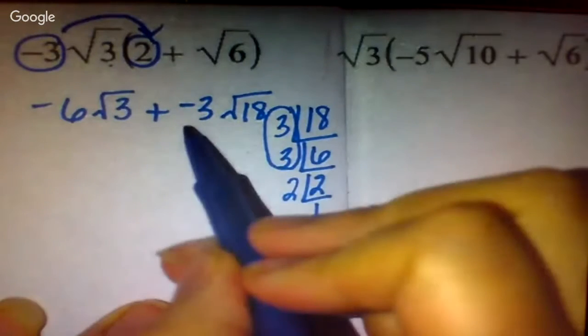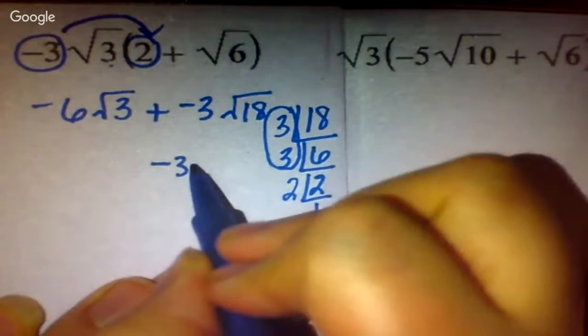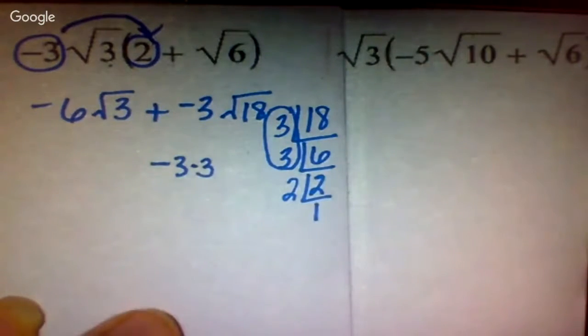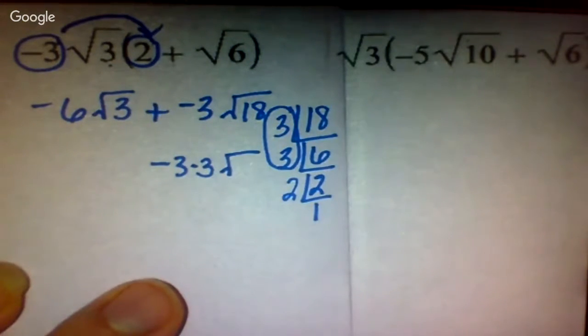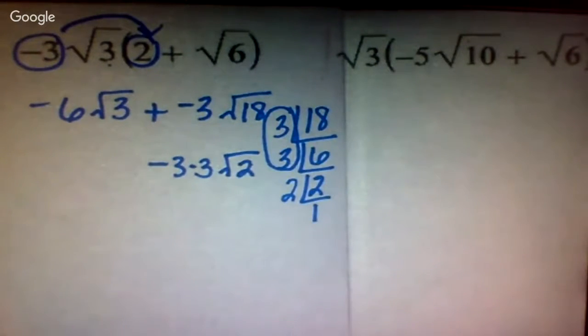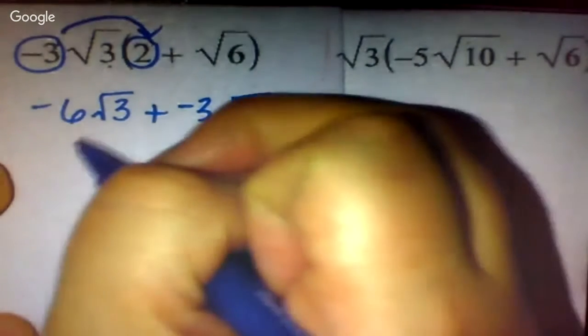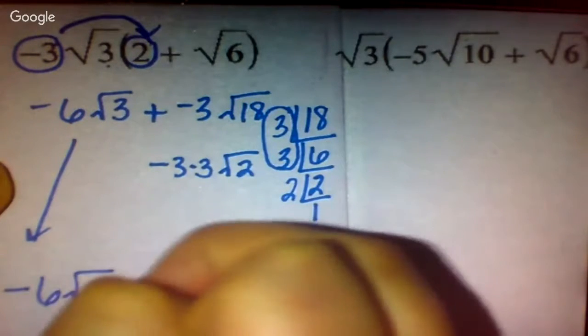Now I already have a negative 3 written here. I need to pull out another 3 from what I circled. What stays underneath the square root? 2. So you said we couldn't do anything with this, so it just drops down: negative 6 square roots of 3.